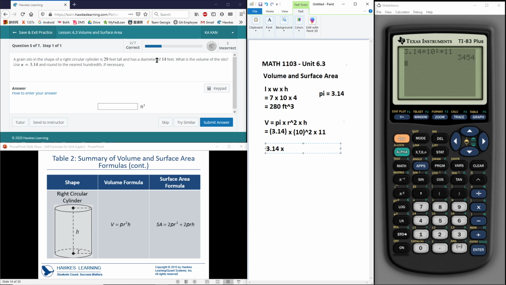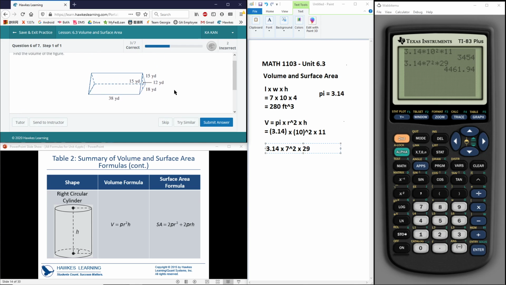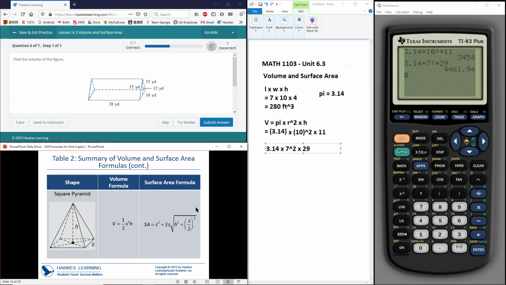The diameter is 14, so you have to divide by 2 to get the radius. That's 7 squared, and then times the height, which is 29. Just use your calculator: 3.14 times 7 squared, which is 49, times 29 equals 4461.94. Done.